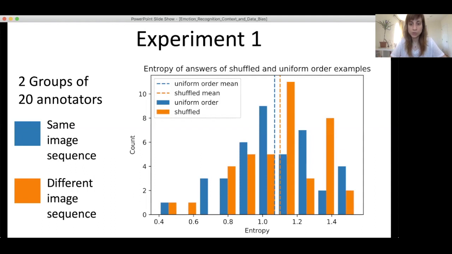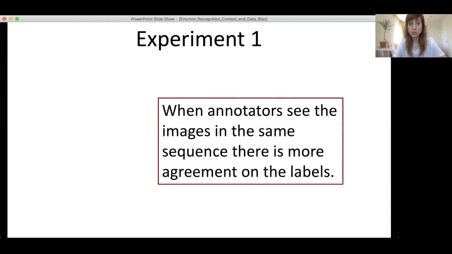What we observed is that the entropy is higher for the orange set, those that saw the images in a different sequence, which means that they agree less when they label these images. So the annotators that see the images in the same sequence have more agreement on the labels than those that saw the images in different sequences.